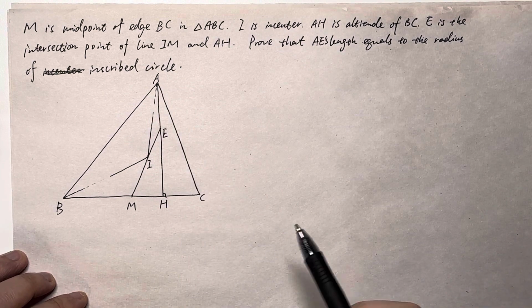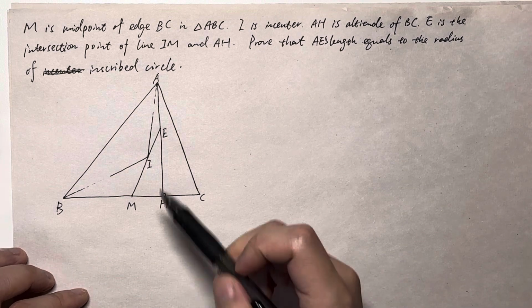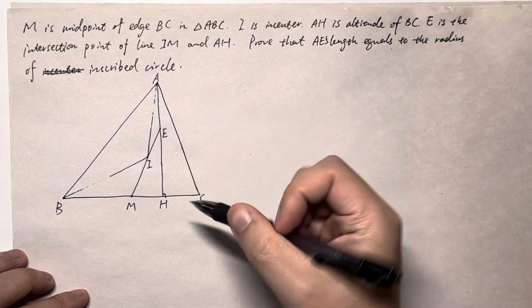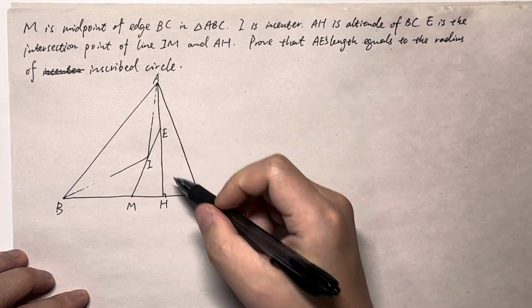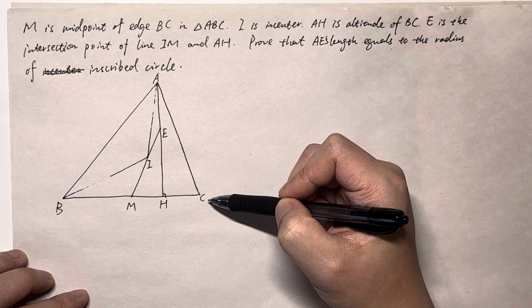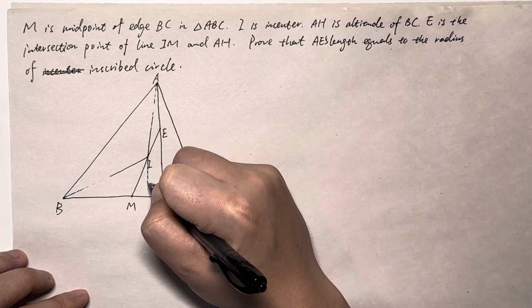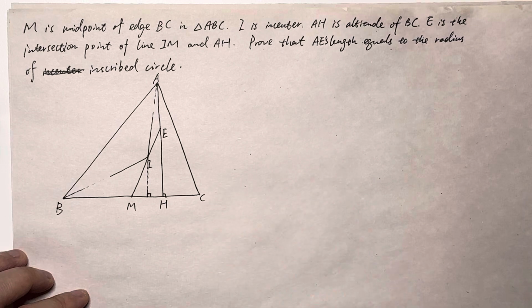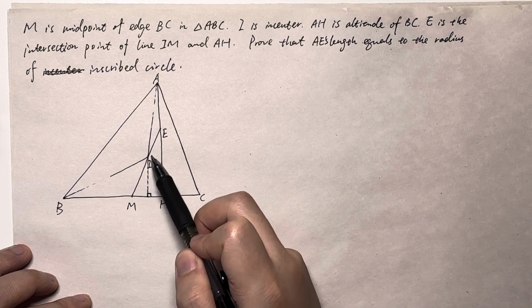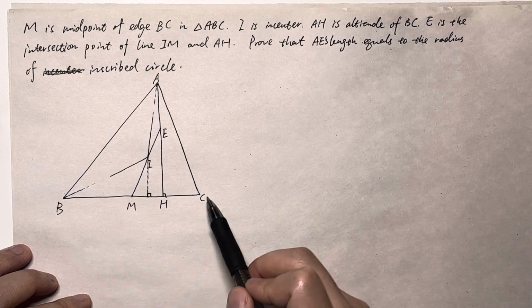The radius of the inscribed circle is the distance from I to the three edges, right? Because AH is perpendicular to BC, we can find the tangent point of the inscribed circle with edge BC.